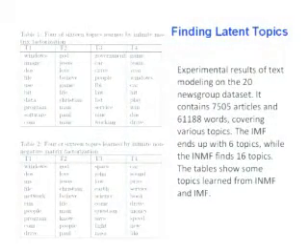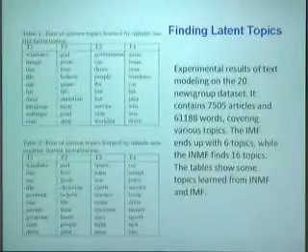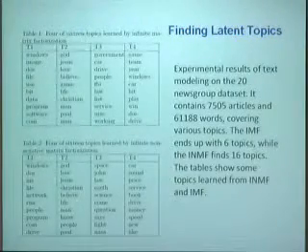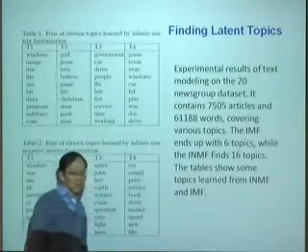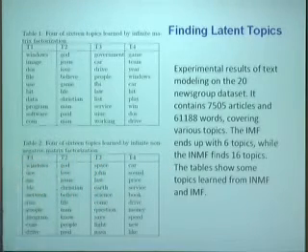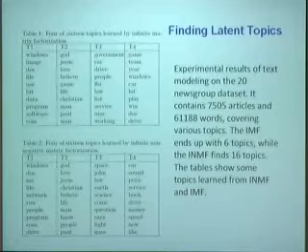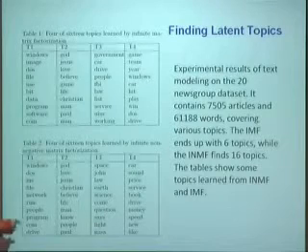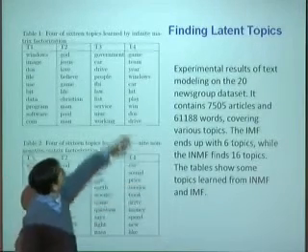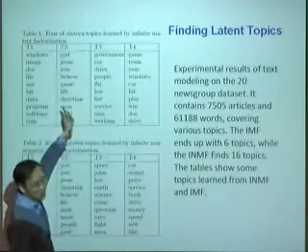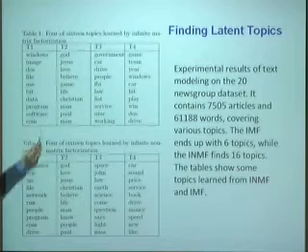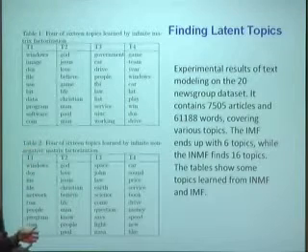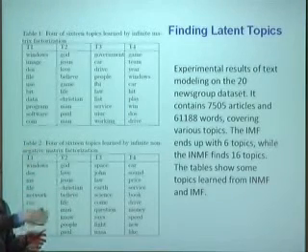This is on the topic of document modeling. We use a very popular data set, the 20 newsgroups data set. It has 7,500 articles, lots of words. If we apply IMF, we end up with 6 topics. Oh, a typo, okay. Not 6, but 16. 6 topics from IMF, in other words, the classical matrix factorization, but with IBP prior.